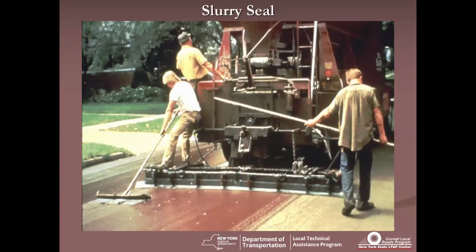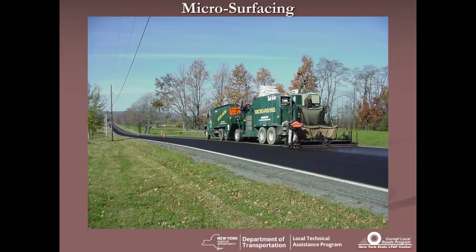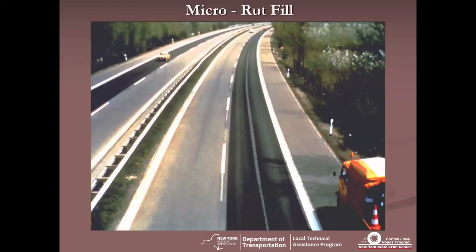In terms of slurry seal, a self-contained operation, a nice thin application of a surface treatment material. Microsurfacing is that self-contained unit, but it also uses a polymer additive that gives you your slurry seal on steroids, a real nice surface. It can be used for filling ruts.